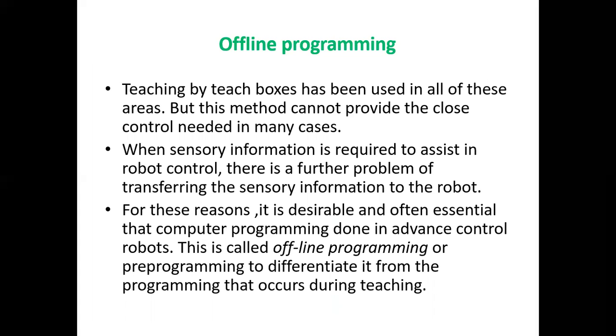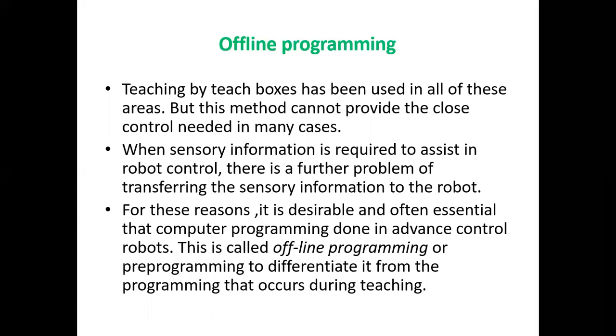Teaching by teach box has been used in all of these areas, but this method cannot provide the close control needed in many cases. Then sensory information is required to assist in robot control, so there is a further problem of transferring the sensory information to the robot. For this reason, it is desirable and often essential that computer programming is done in advance to control the robot.